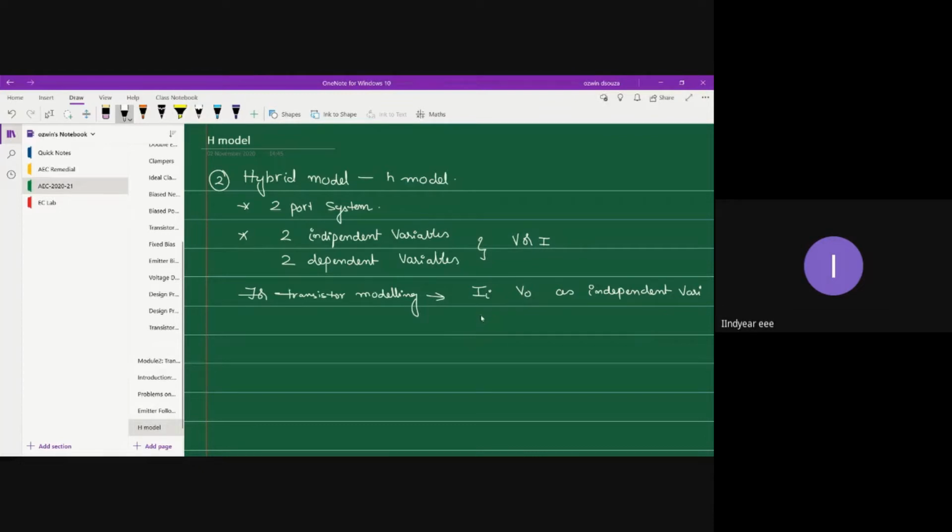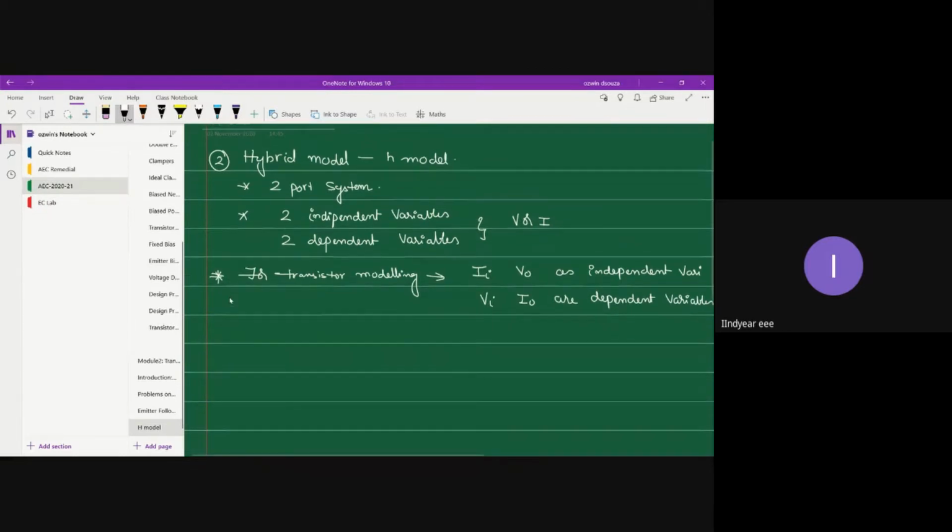That means input voltage and output current are dependent variables. That is the first assumption we make while carrying out the hybrid model. Now let's look at the two-port system.